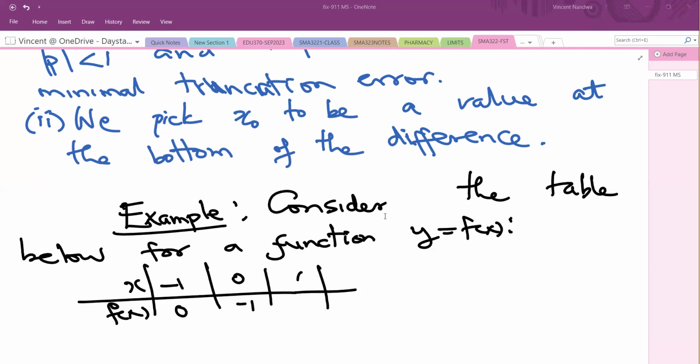Sorry for that small technical problem. So 1, f is 0. And then 2, f is 15.